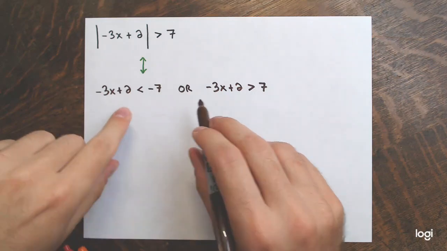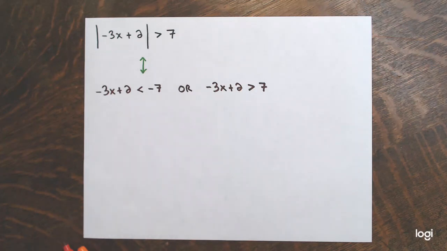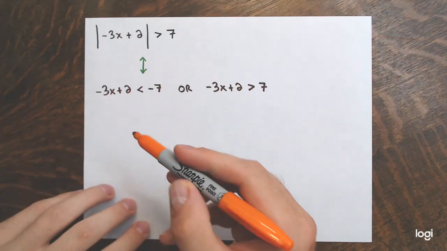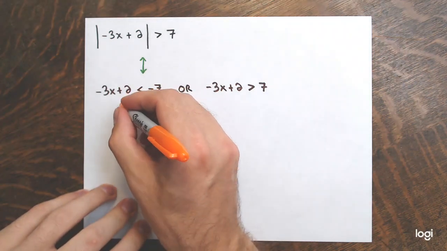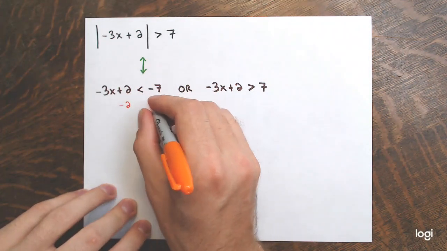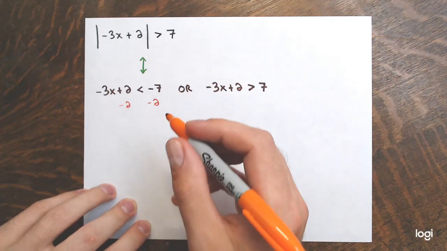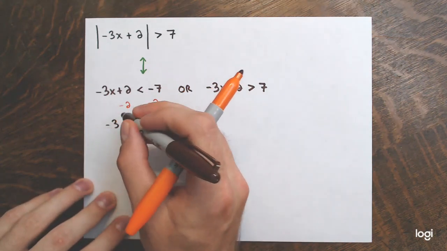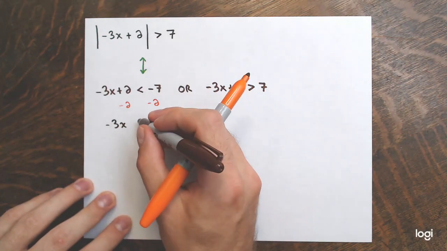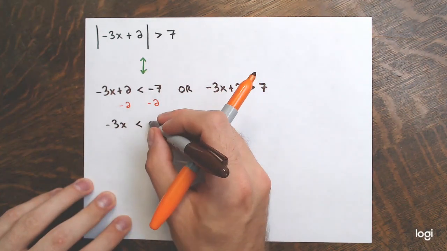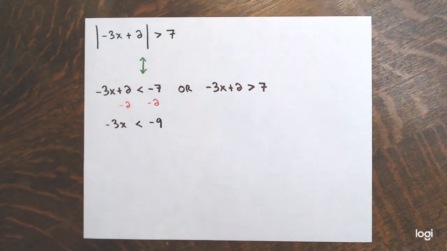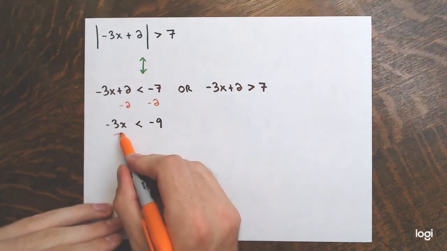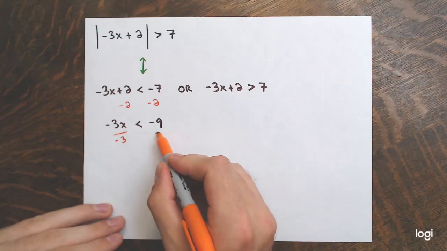All right, so I've set up my equivalent compound inequality. We're going to solve each of these. For this left inequality, I'd be subtracting 2 from both sides first. It gives me negative 3x on the left is less than negative 9 on the right. Then here comes the tricky part. To get x alone, I'd be dividing both sides by negative 3.